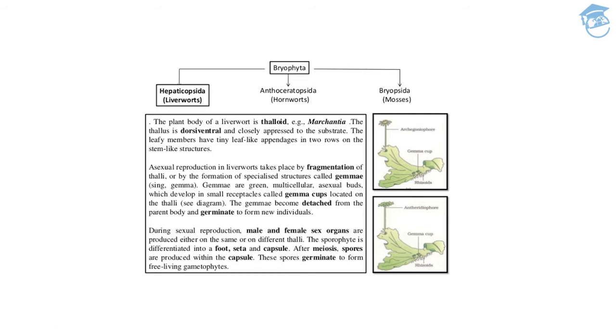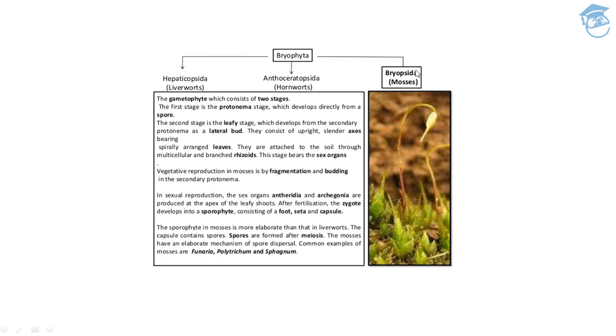So it was about the Hepaticopsida, which is also called liverwort. Now we'll talk about the mosses, which is Bryopsida, the third category of bryophytes. The gametophyte consists of two stages. The first stage is the protonema stage, which develops directly from a spore.